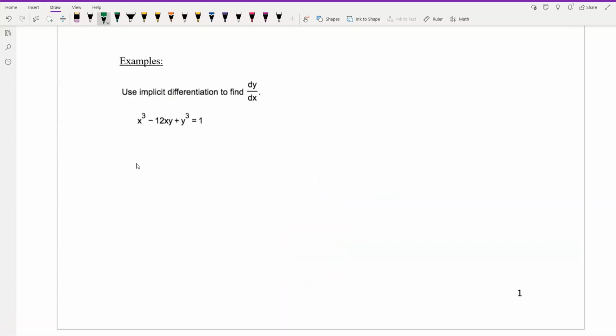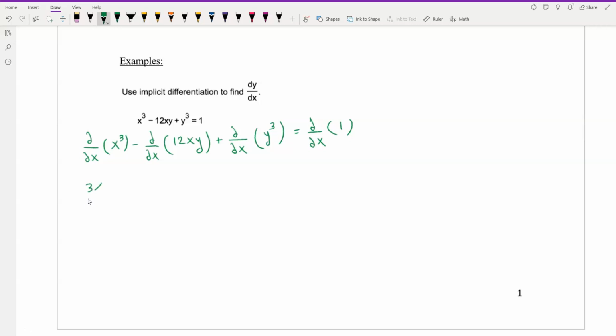Use implicit differentiation to find derivative of y with respect to x. So here we have to differentiate both sides of the equation with respect to x. So derivative of x cubed with respect to x is 3x squared.